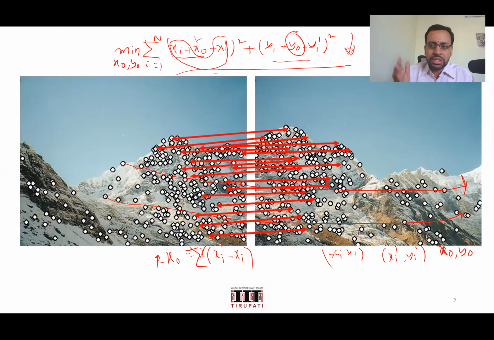Since it assumes the same transformation for all the points, that's bound to give you wrong results. So among others, perhaps these are the two important issues that you have with linear least square fitting to find out the transformation.